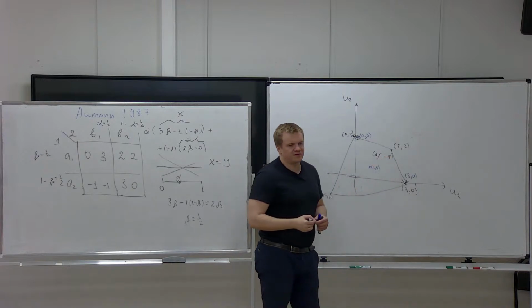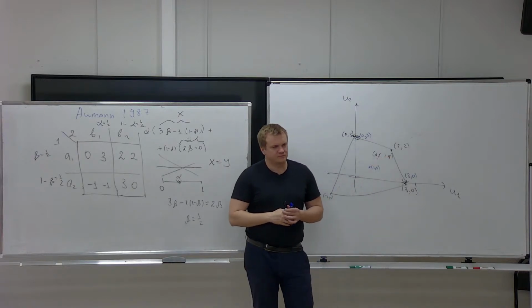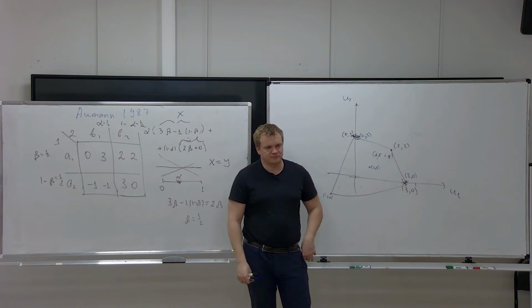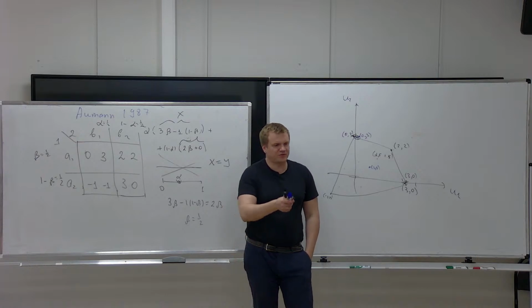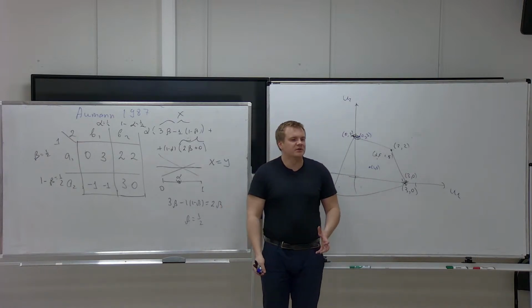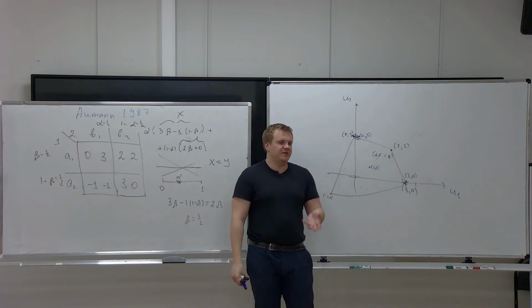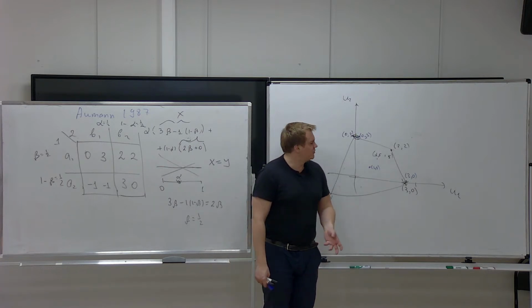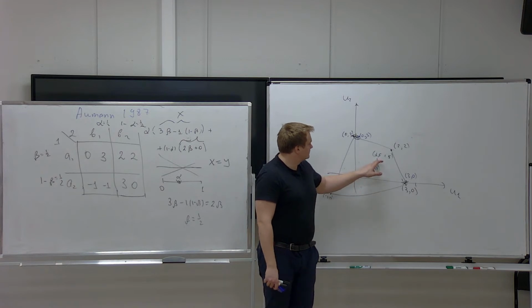Can I implement such a payoff on average? So, for example, suppose you're player 1, you're player 2, right? And I come to you and I want to persuade you to play the game in such a way that you will get on average this point.